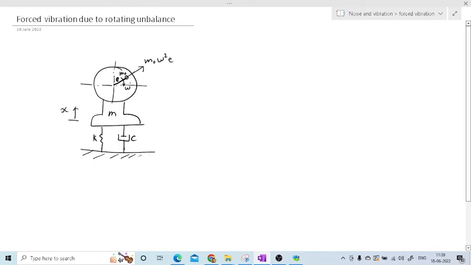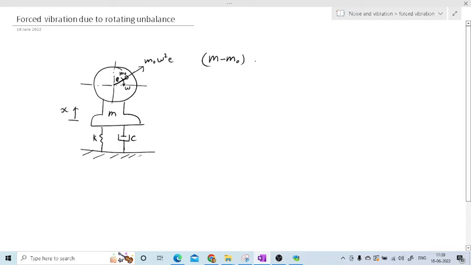Now I'll write the differential equation for this system. If I consider only the mass, by removing this rotating mass m0, then the total mass of the system becomes m minus m0. So the mass of the system I have considered is m minus m0, without this rotating unbalance.